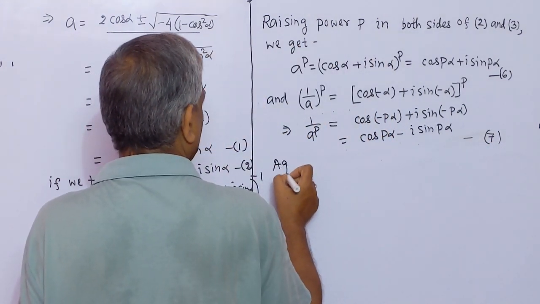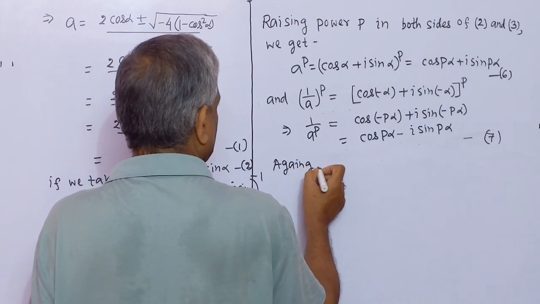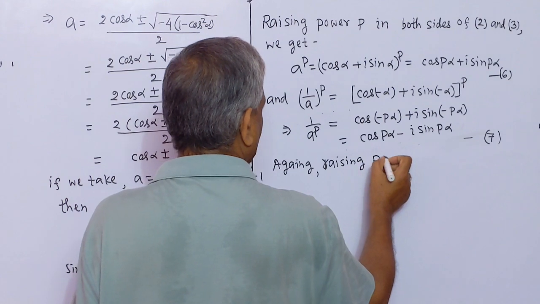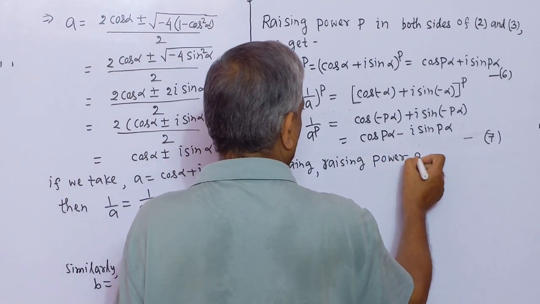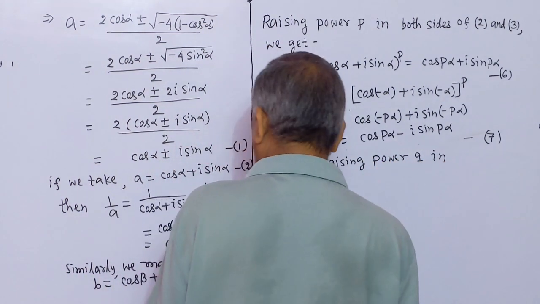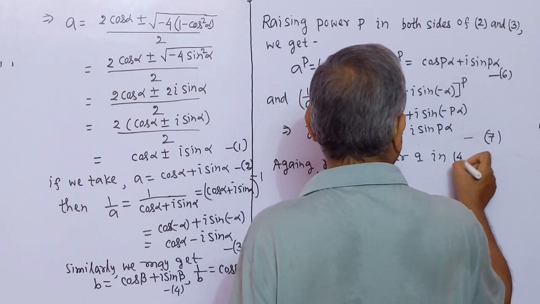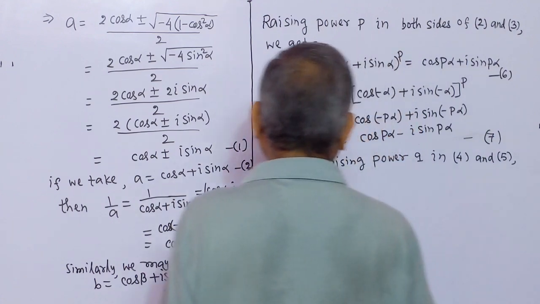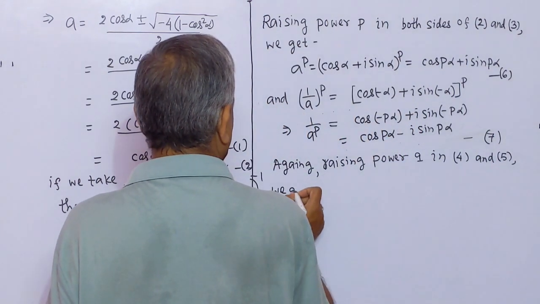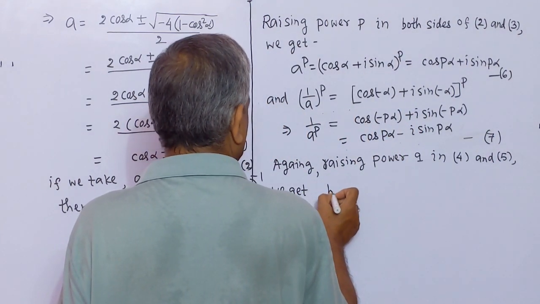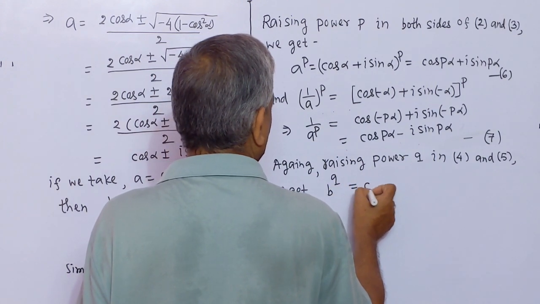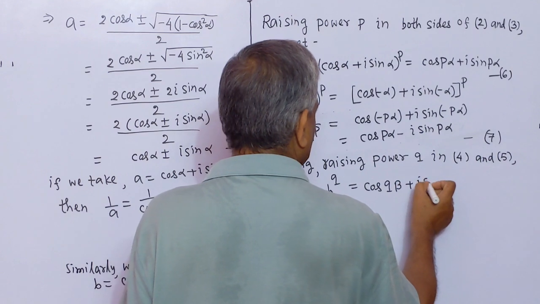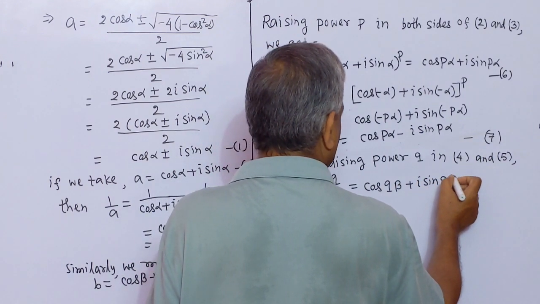Again, raising power q in 4 and 5, we get b to the power q equals cos q beta plus i sin q beta.